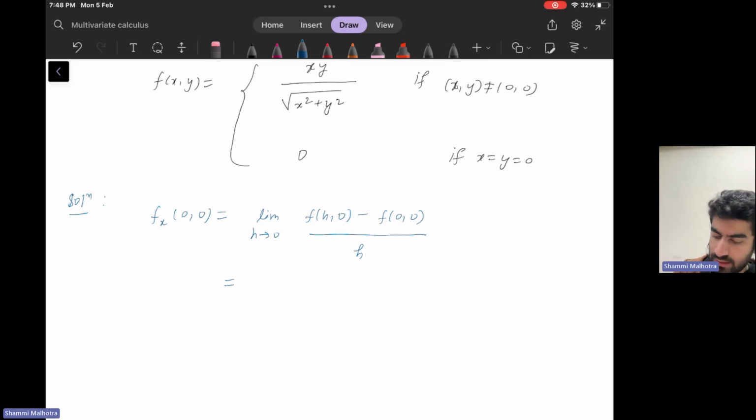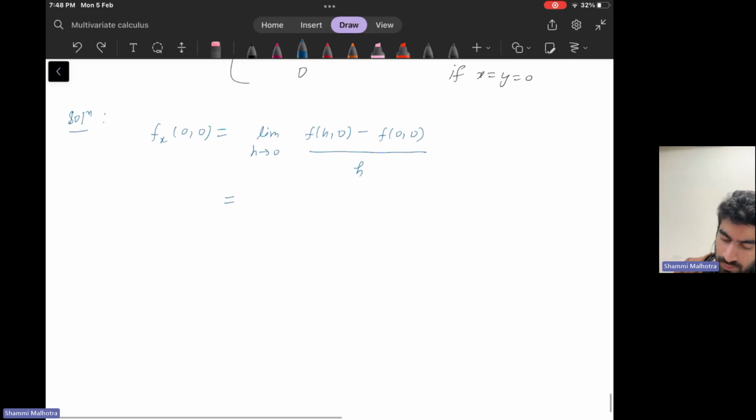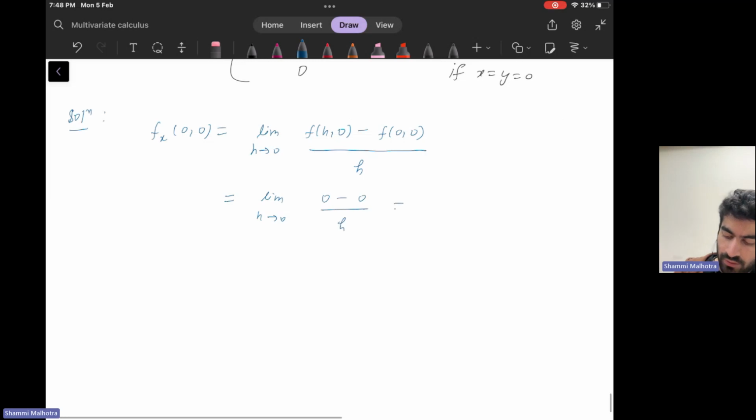As we can see, when the product is 0, the function is again 0. So this will be limit h tending towards 0 of 0 minus 0 divided by h, so this will be 0 only.